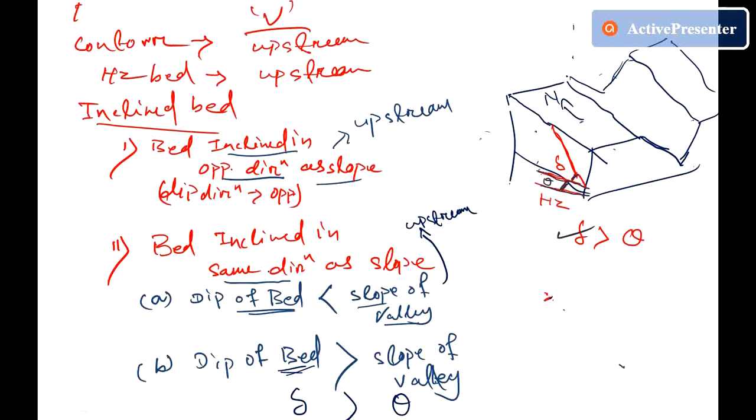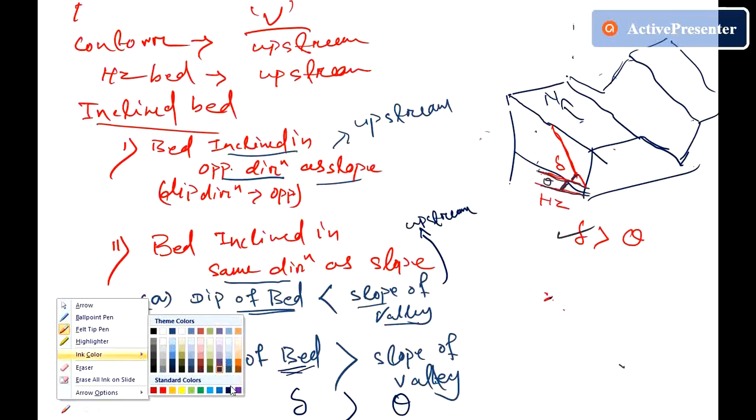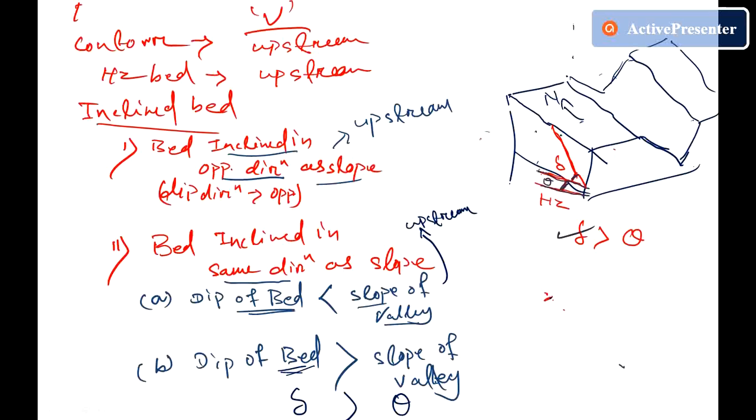Now you can see in this diagram, here if you are moving towards north, you are not finding the bed, but towards south you are finding the bed, right? In the deeper region, in the northern part you are not finding the bed, but in the southern part you are finding the bed in the deeper region, right?